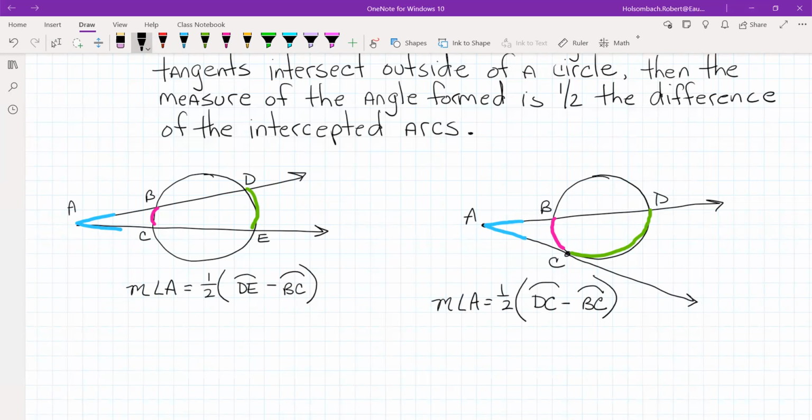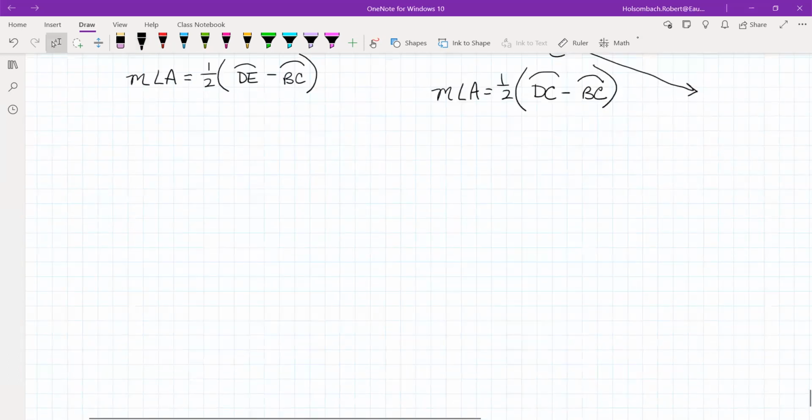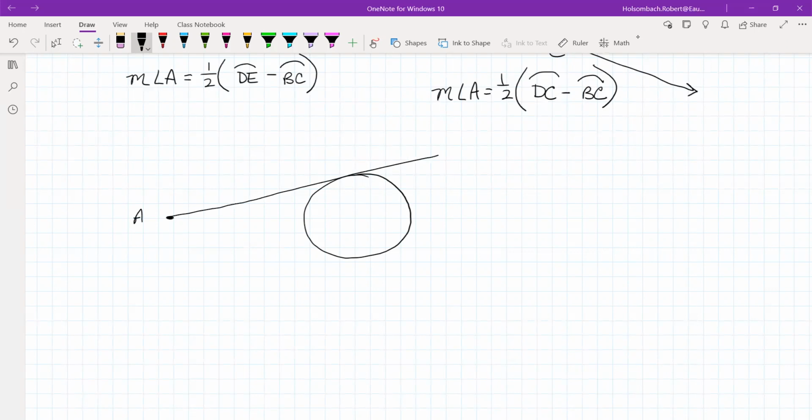All right, and then the final example there is the two tangents. So again, we've got a point of origin outside of a circle. Tangent over the top. Tangent on the bottom. One point of tangency is point B. Another point of tangency is point C. We've got point D out here on the circle.